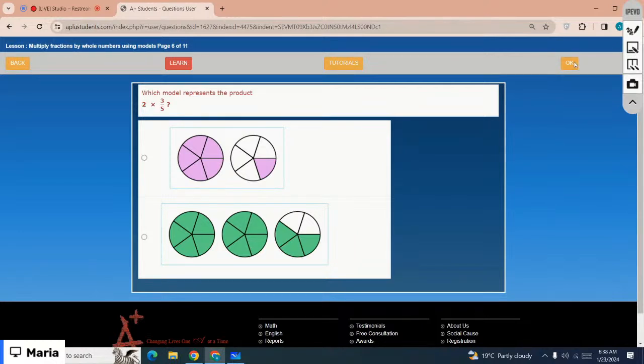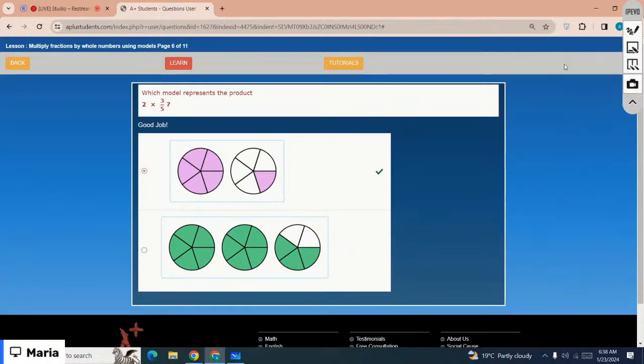Which is the correct option? Yes, the correct option is option number 1, that is 6 over 5.